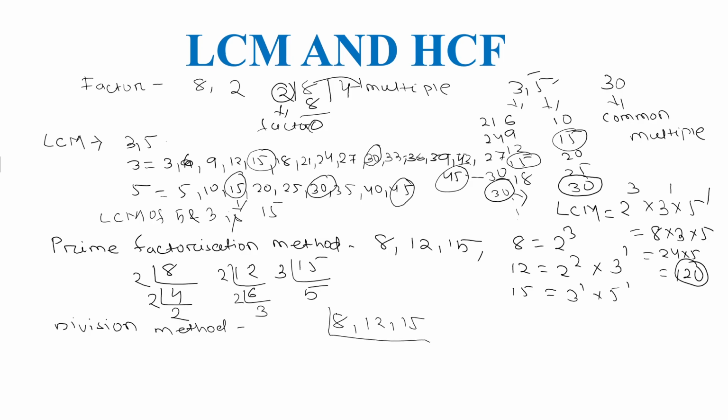Let us take a number which can divide all three. So first let us take 2. If we take 2, can 8 be divided? Yes, it can. Then can 12 be divided? Yes. But 15 cannot be divided. So we directly divide these two and bring the 15 down. So 4, then 6, then 15. Then again it will be divided by 2, and that will be 2, 3 and again 15.